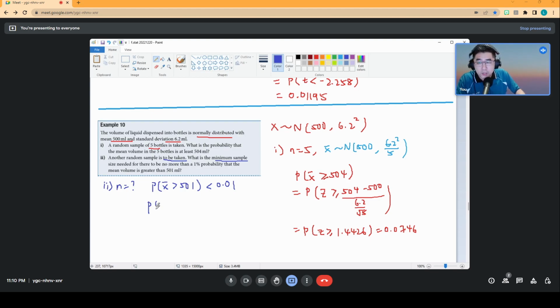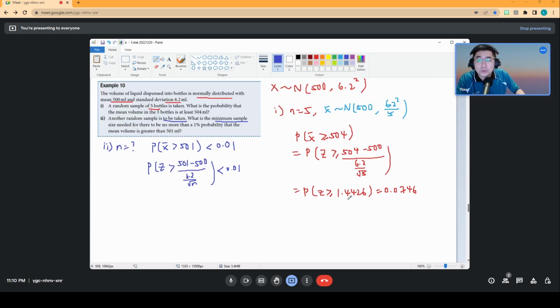Okay, I have P of Z, 501 minus 500 over 6.2 over square root n, less than 0.01. So over here, I have P of Z greater than 1 times square root n over 6.2, less than 0.01.